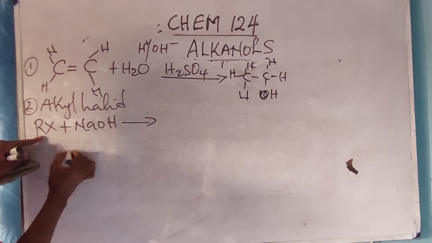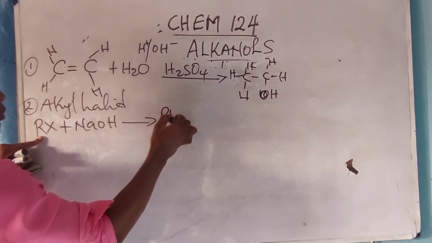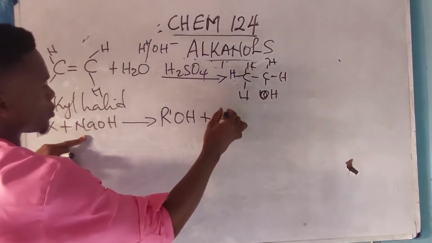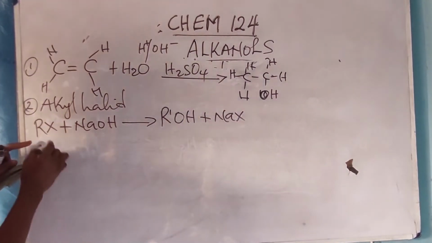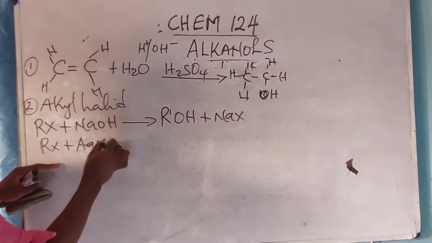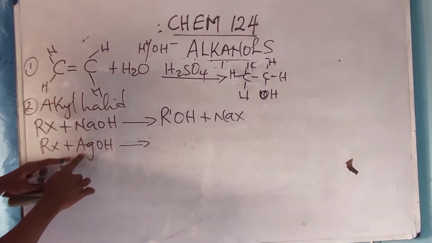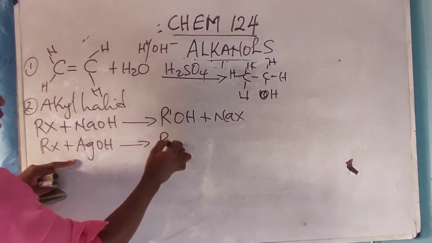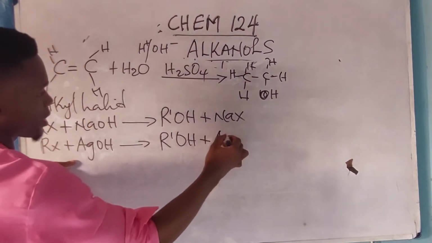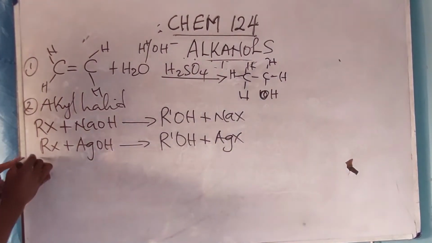This becomes ROH plus what? Sodium halide. This same halide can react with silver hydroxide. You have ROH and what? Silver halide. So that is how it is.